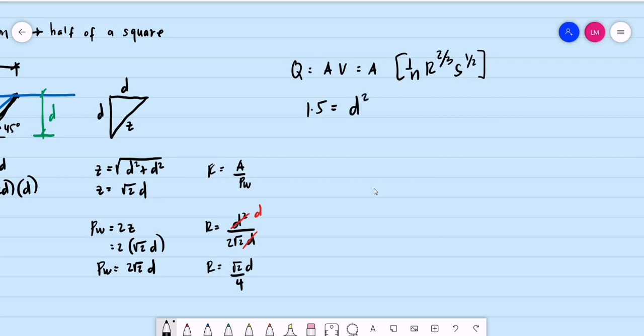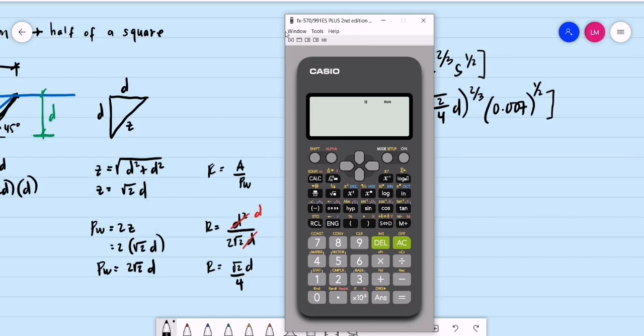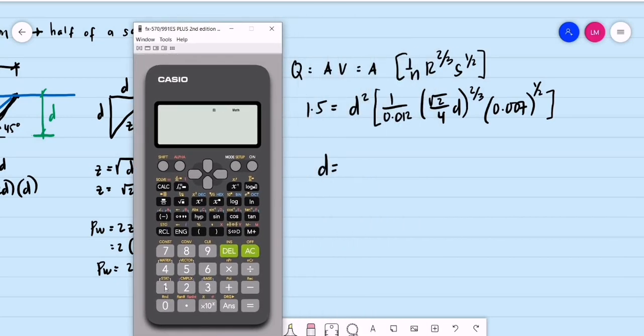The area is simply equal to d squared. 1 over roughness coefficient is 0.012. Our hydraulic radius is the square root of 2 over 4 multiplied by the depth of flow. This is raised to 2 over 3. The given hydraulic slope is 0.007 and this is raised to 1/2. So we are now computing for the depth of flow for the most efficient triangular section.